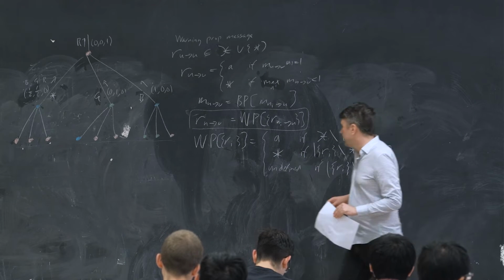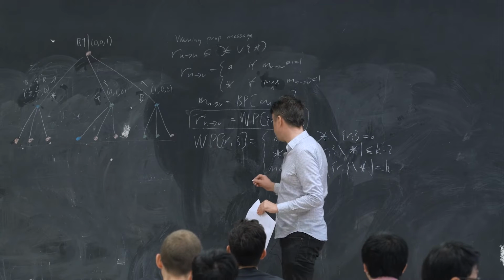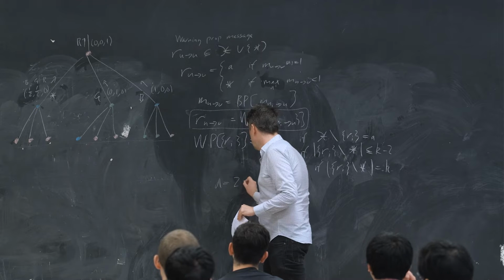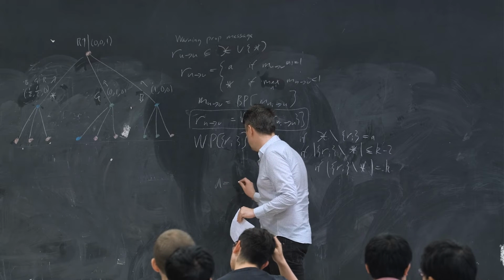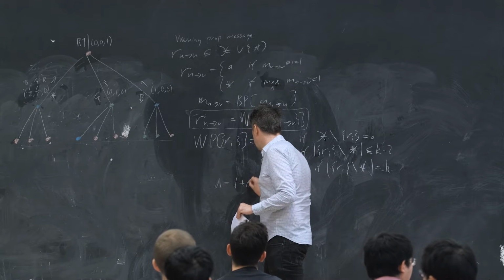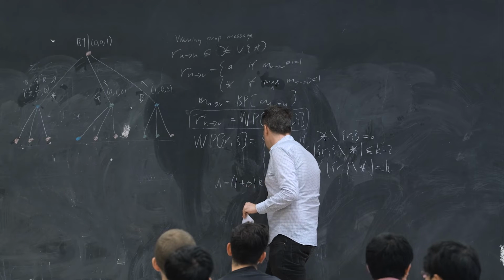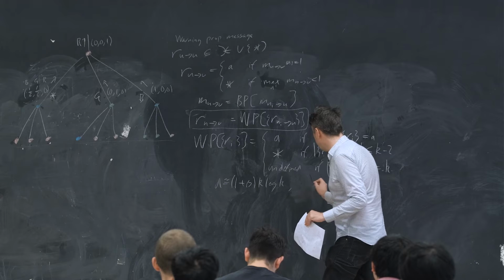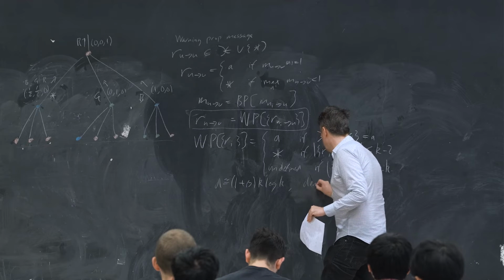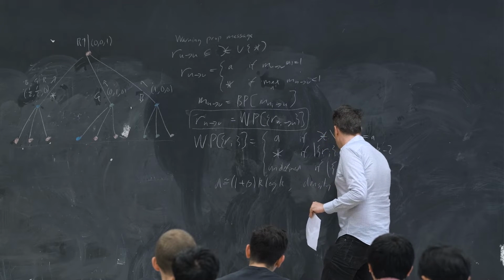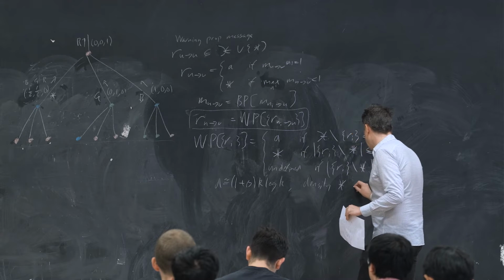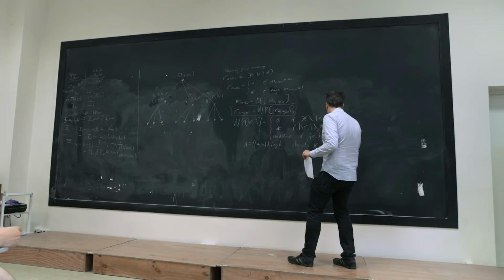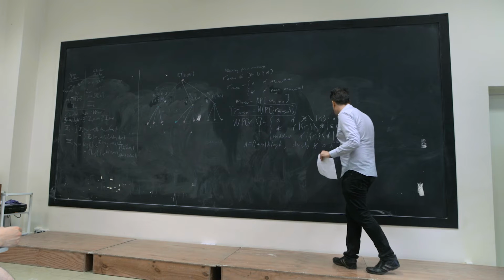I think if D is equal to 1 plus beta k log k, approximately, then the density of stars will be about d to the minus beta plus, say, epsilon k.